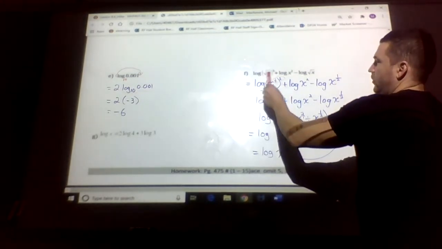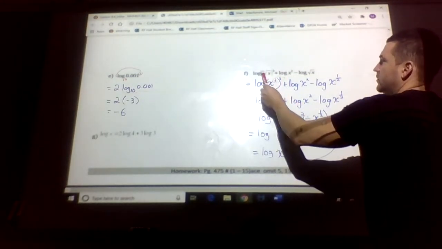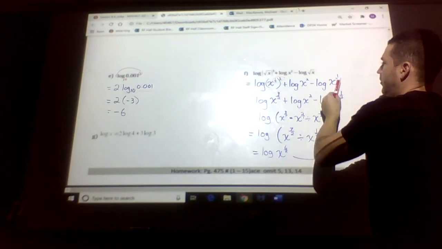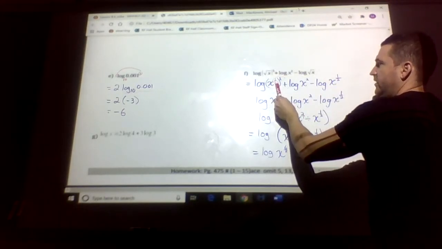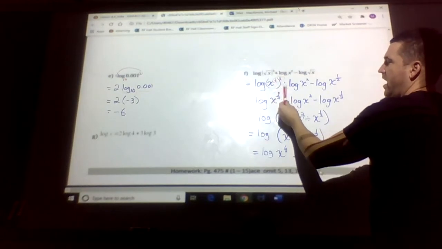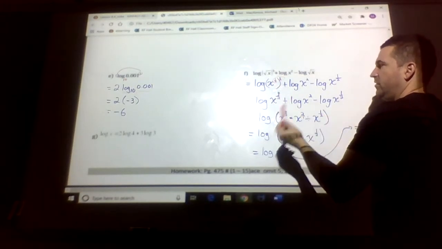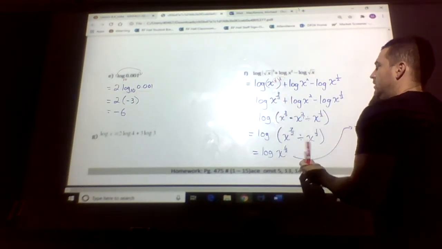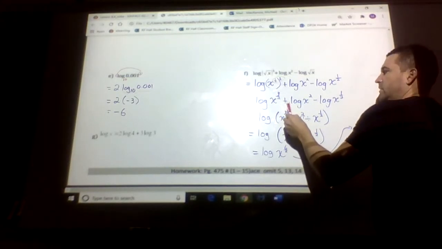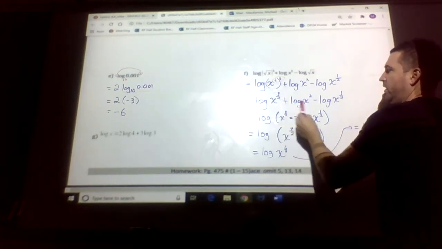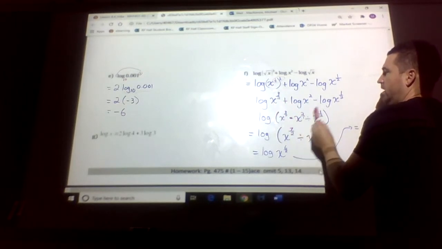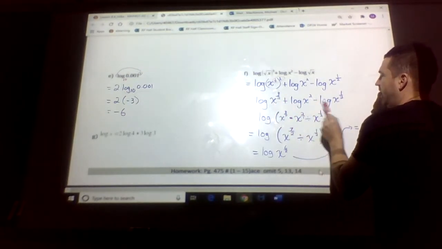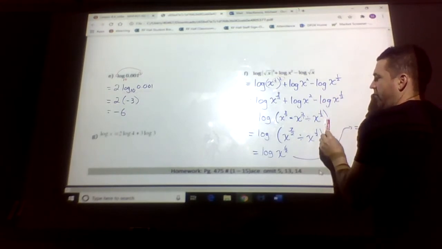Okay, so again, convert the radical into an exponent, so the root becomes 1/2 on both of these. This already had a power of 3, so 3 times 1/2 would be 1.5, or 3 over 2. Now we multiply the x to the power of 3 over 2 and the x squared, and then we divide the x to 1/2.